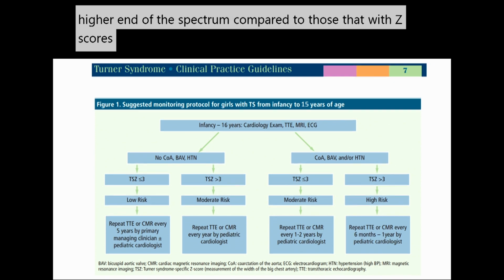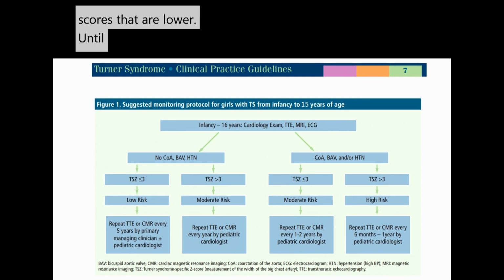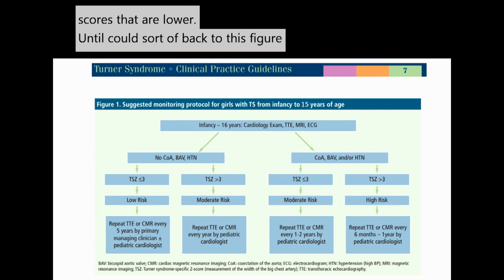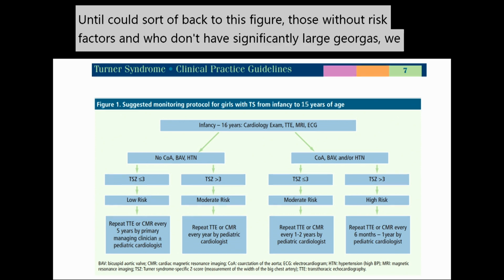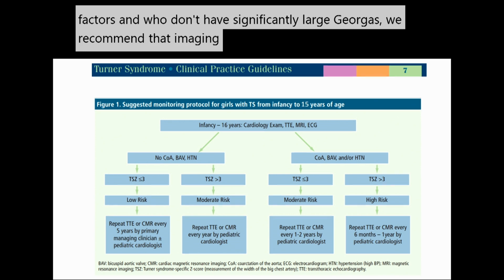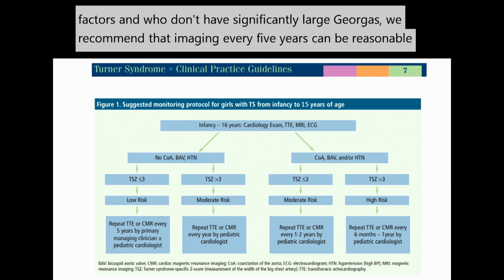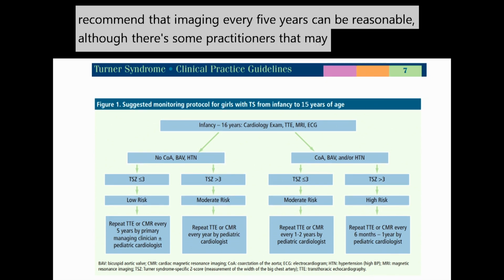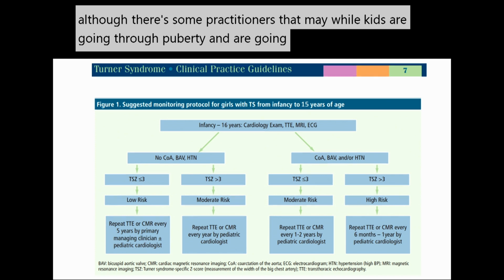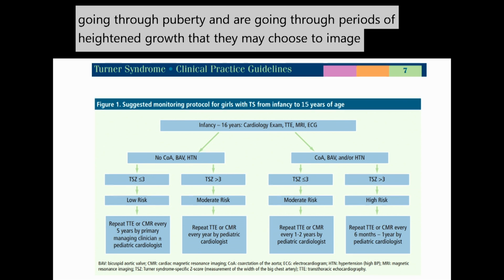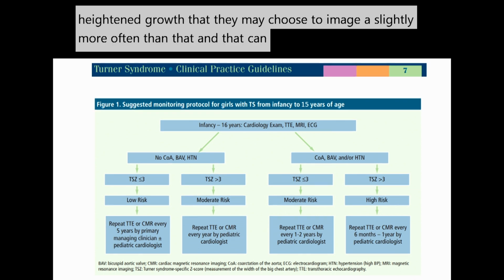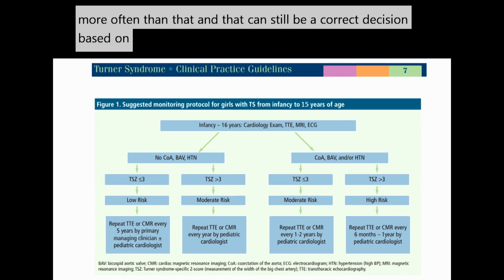And so back to this figure, for those without risk factors and who don't have significantly enlarged aortas, we recommend that imaging every 5 years can be reasonable, although there are some practitioners that may, while kids are going through puberty and periods of heightened growth, choose to image slightly more often than that, and that can still be a correct decision based on a lot of other individual factors.